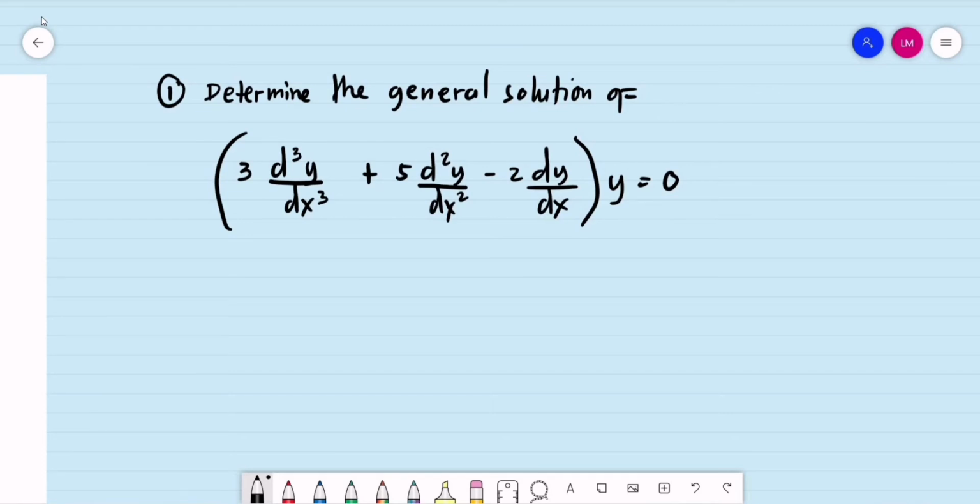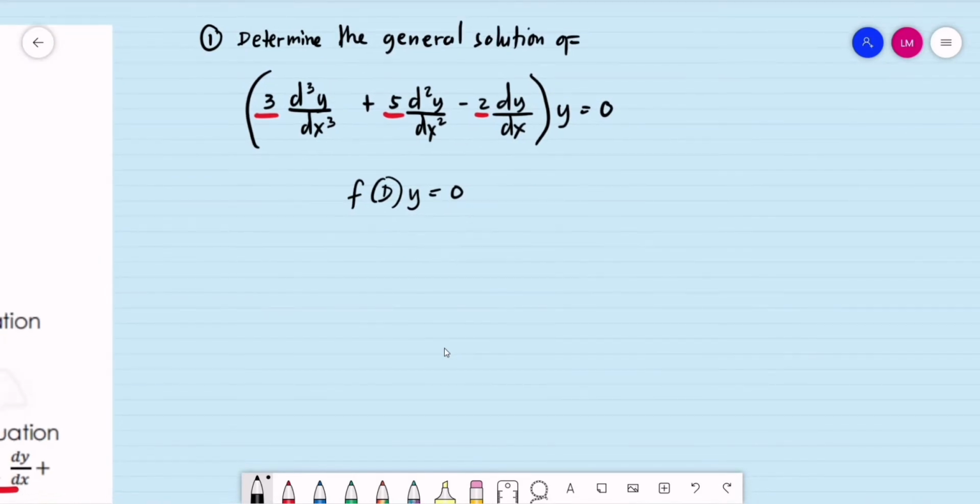So this is already in the form of a linear homogeneous differential equation with constant coefficients. So all we have to do is rewrite this expression in the form of f of D multiplied by y equal to 0. That is our differential operator.